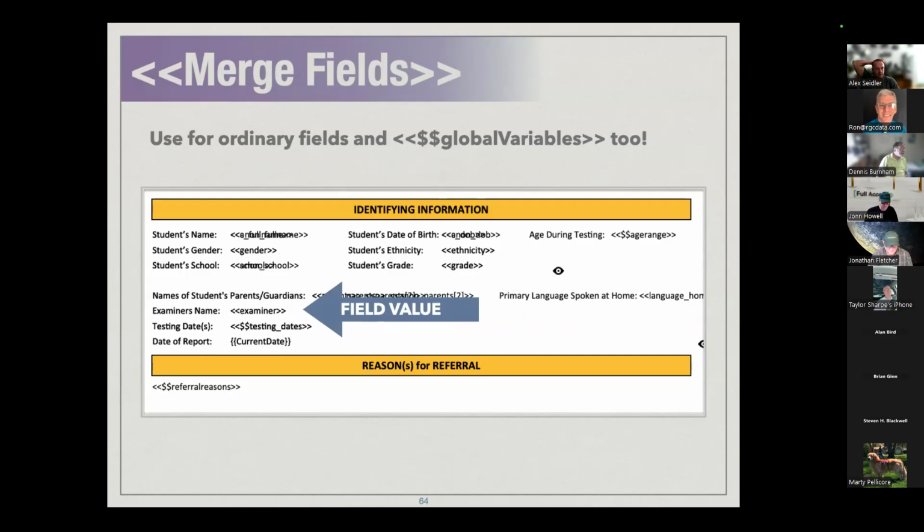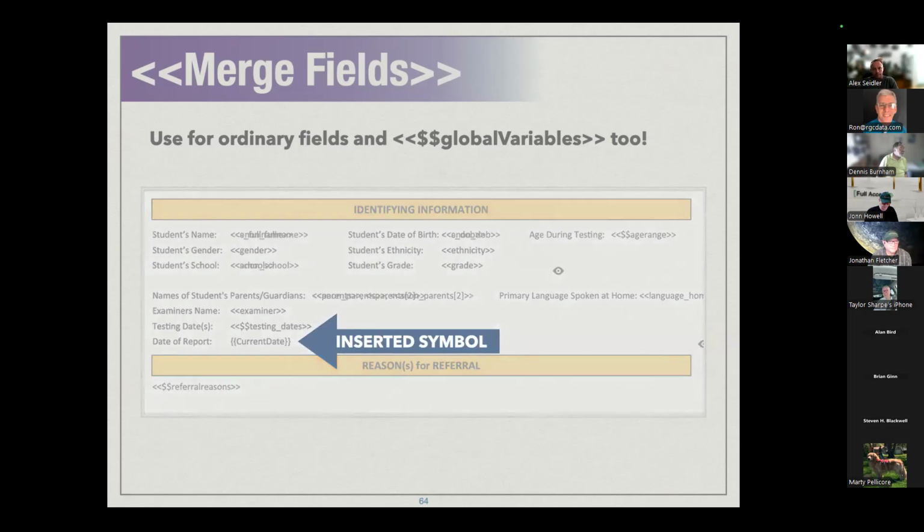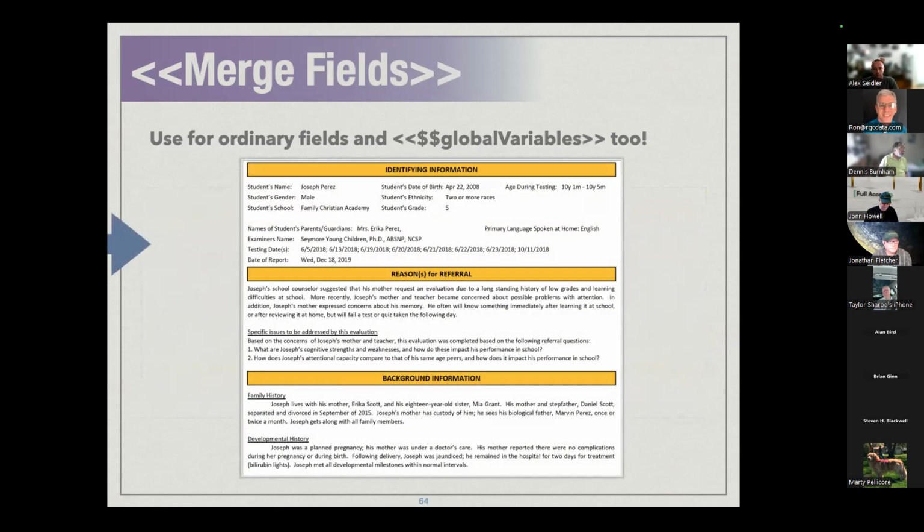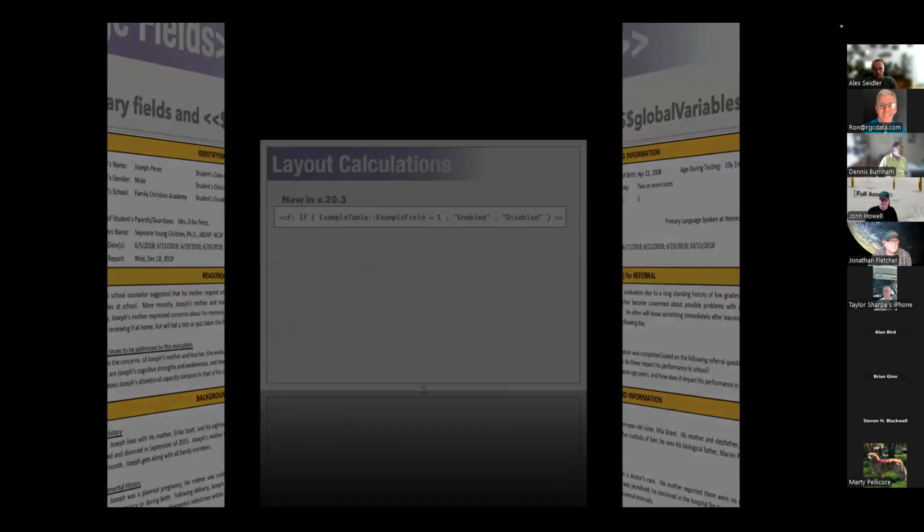In this here, you're seeing I'm pointing to a field value, and here I'm pointing to a global variable. And here I'm pointing to one of the inserted symbols that you can bring in from the insert menu. And what's nice about it is that when it's all combined, it looks totally legible and more like a report.